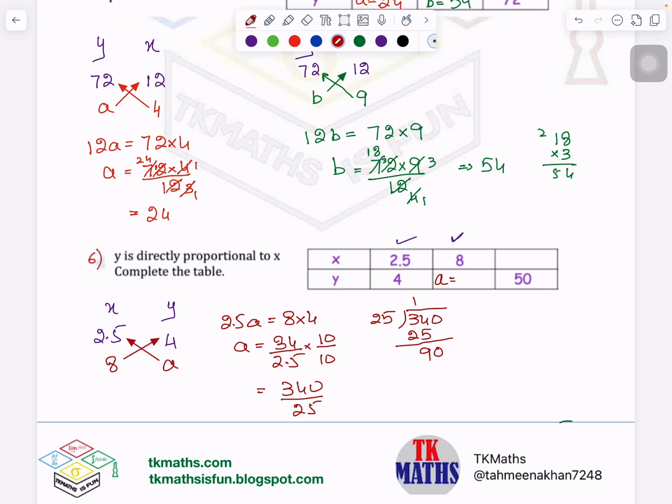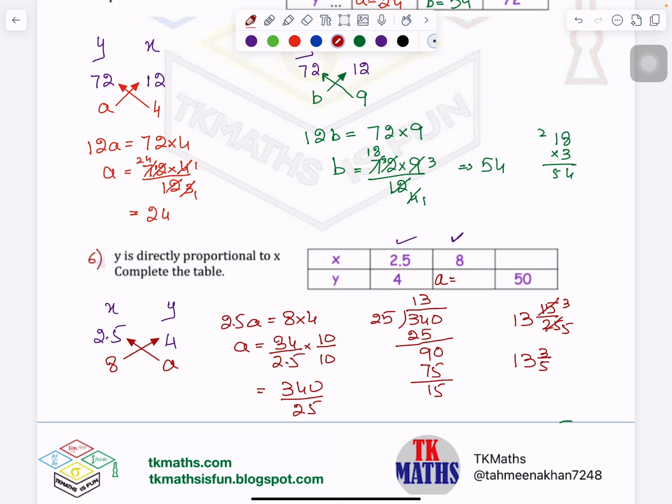It is a quarter of 100, so easy to calculate. 25 times 3 is 75. It is 15. So your answer is, you are getting here 13 whole 15 upon 25, which you can simplify. 5 3s are 15, 5 5s are 25. So it is 13 whole 3 upon 5 is your answer.